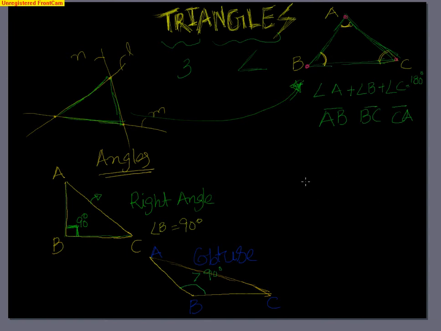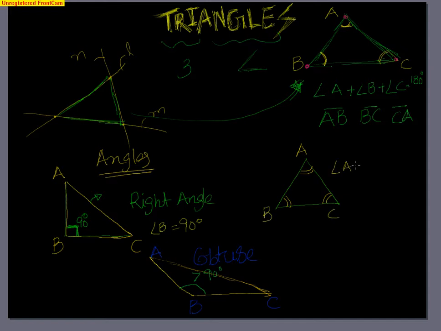If all the angles are equal, that means this and this and this, right? We generally denote by the same symbol, saying that all the angles are equal. What is the meaning of that?